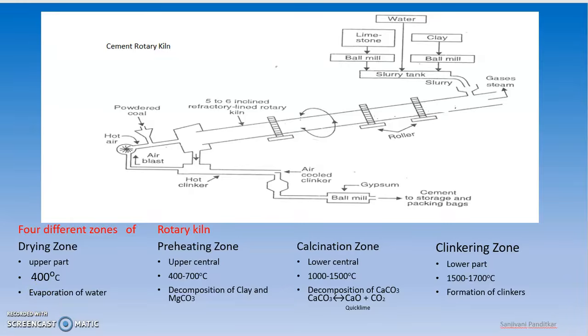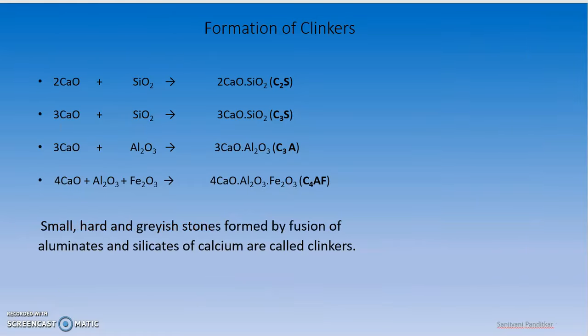Clinkers are formed in the clinkering zone by the reactions of lime, silica, alumina and iron oxide. We can see there will be formation of dicalcium silicate, tricalcium silicate, tricalcium aluminate and tetracalcium aluminoferrite.